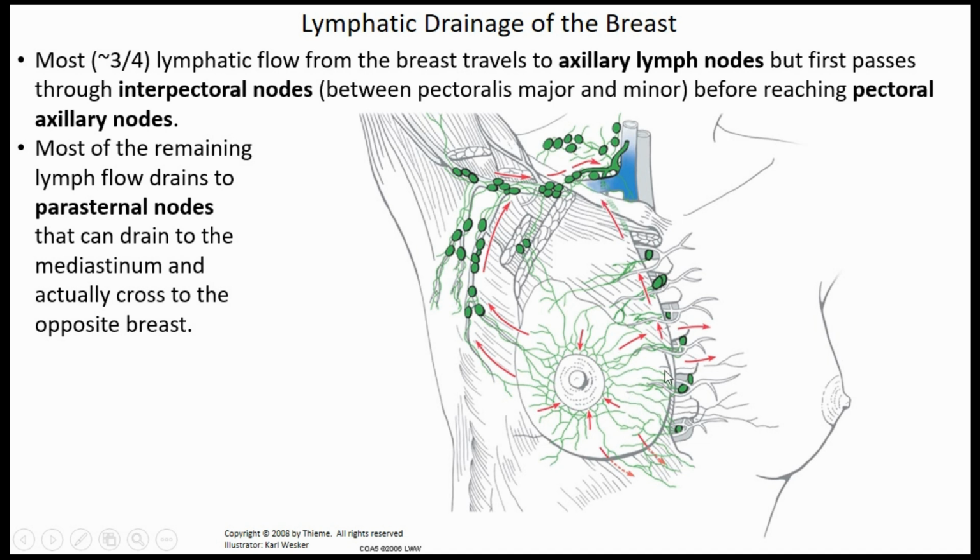So whether it's draining medially through the bronchomediastinal trunk and parasternal nodes to reach that right subclavian vein, or whether it's going through the axillary lymph nodes, so interpectoral, pectoral, central, apical, infraclavicular, supraclavicular, and boom, then finally to the subclavian vein on that side. That's the multiple pathways lymph can follow.